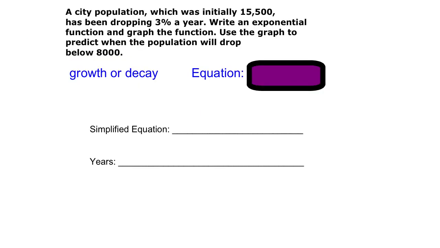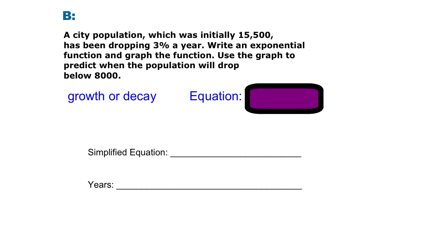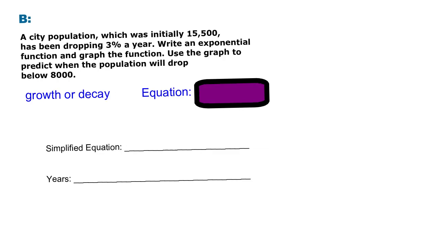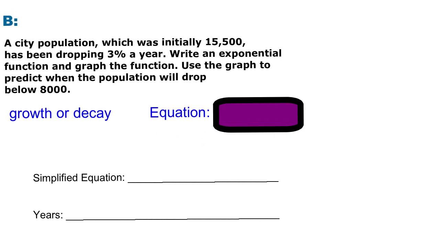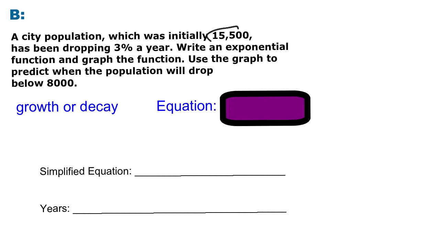All right, finally, last problem of the day. Now we have a city population, which was initially, so remember, whenever you see that initial value, 15,500, that's going to be your A. So our equation is going to be y equals 15,500, not 15,000.